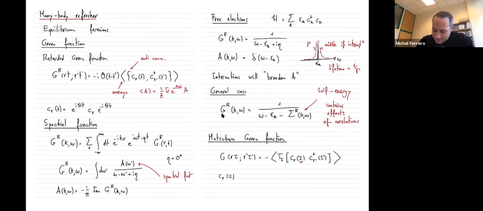Sweet. So the Matsubara Green function is defined in a time tau. We call this an imaginary time. It's a real variable, so it's not an imaginary time really, but you'll see why it's called like this in a second. The time evolution of those operators is given by this.